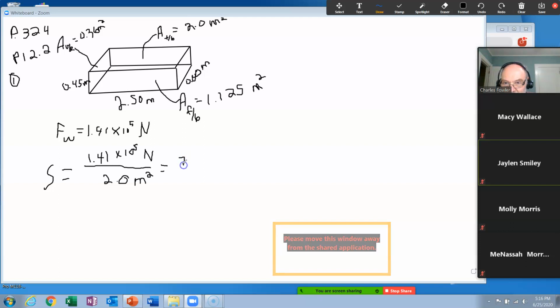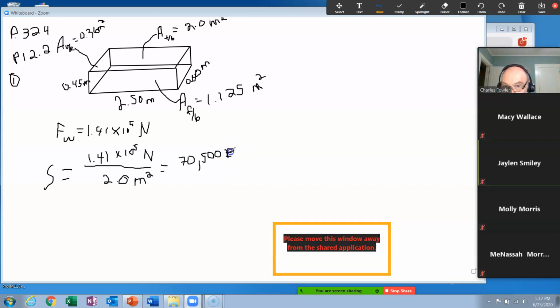So that's 70,500 pascals. Okay. Now, at best, maybe the 5 is significant. I really don't think so, but we'll see what the book says. Oh, I didn't put my units down.